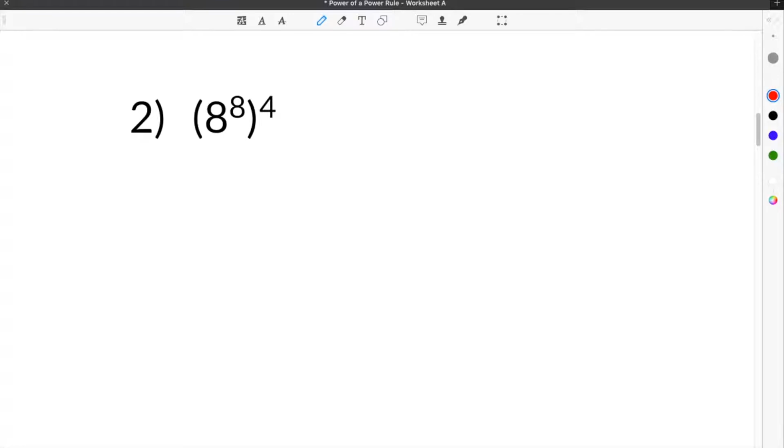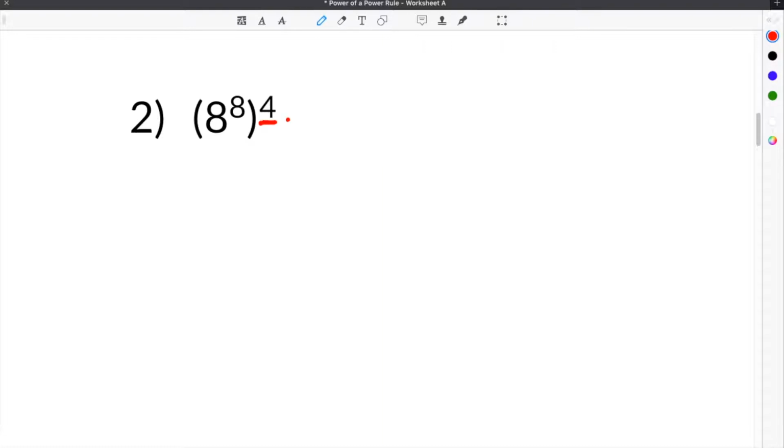This problem gives us 8 to the 8th raised to the 4th power. In order to simplify this problem, you have to take the exponent that is on the outside of the parentheses and distribute it to every exponent that is on the inside of the parentheses. In the case of this example, this is like saying we have 4 8 to the 8th powers.